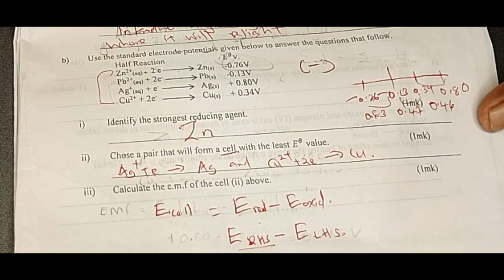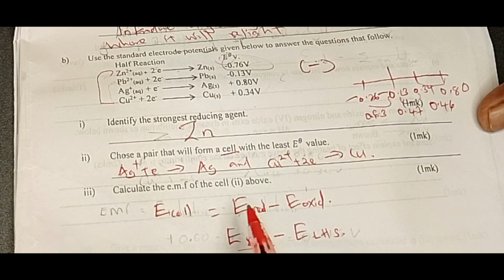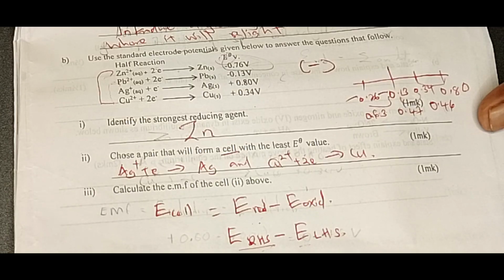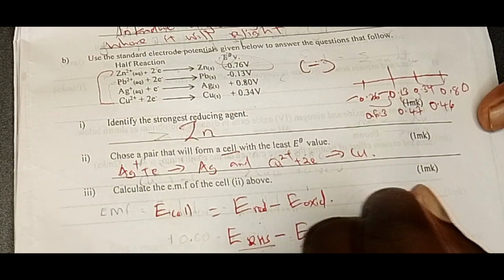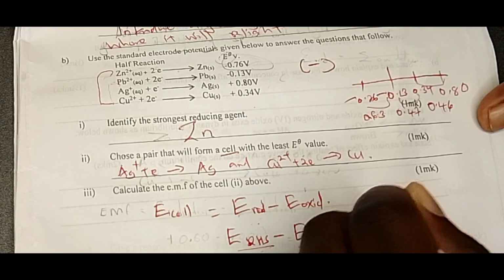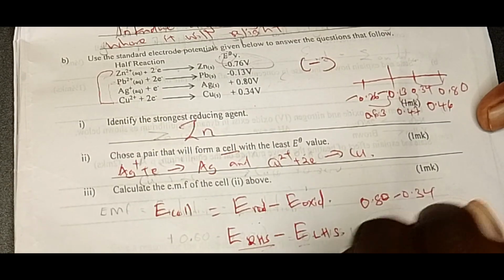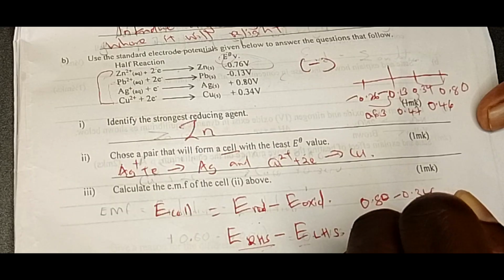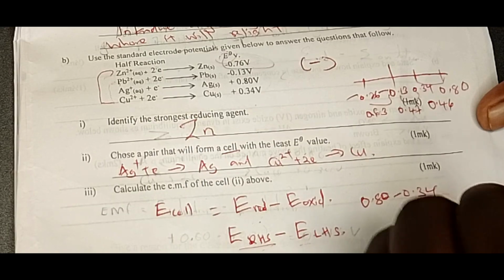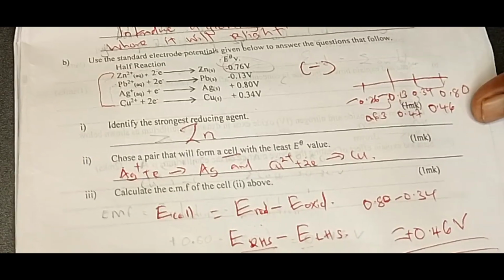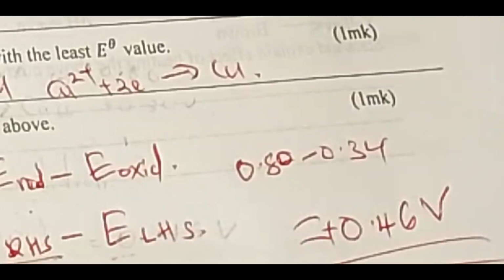What we mean here, we always assume that the cell which undergoes reduction is always on the right hand side, and the one which undergoes oxidation is on the left hand side when we are drawing an electrochemical cell. So that is 0.80 minus 0.34, which is positive 0.46 volts. Remember, lazima uweke hiyo sign.